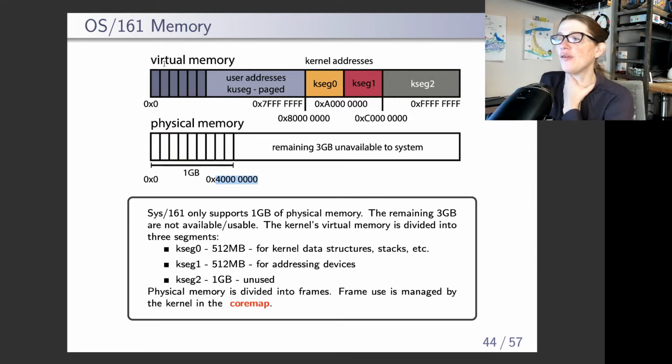Then if we look at how the virtual memory is divided for OS 161, we have a 50-50 split, again the most common split, and the lower 50% is the user. The user's memory is at a hardware level paged, as the physical memory is as well.